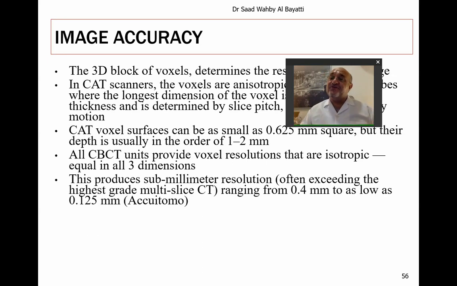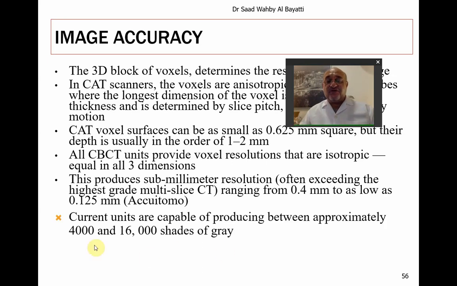Then the resolution is higher. Current units are capable of producing between approximately 4,000 and 16,000 shades of gray. By the way, our eyes can only recognize 56 shades of gray. So you can imagine the huge amount of resolution that you can go through.